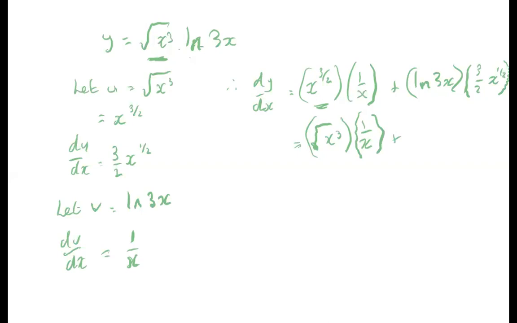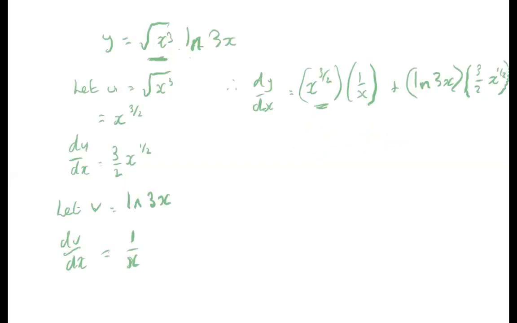What he's done here is, this 1 over x here can be written as x to the minus 1.